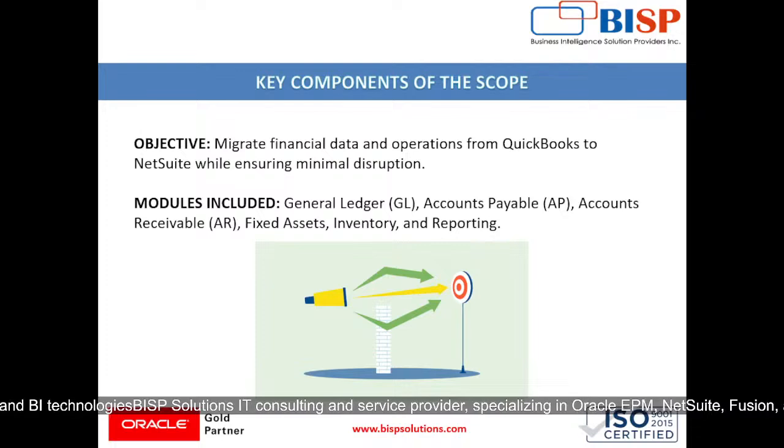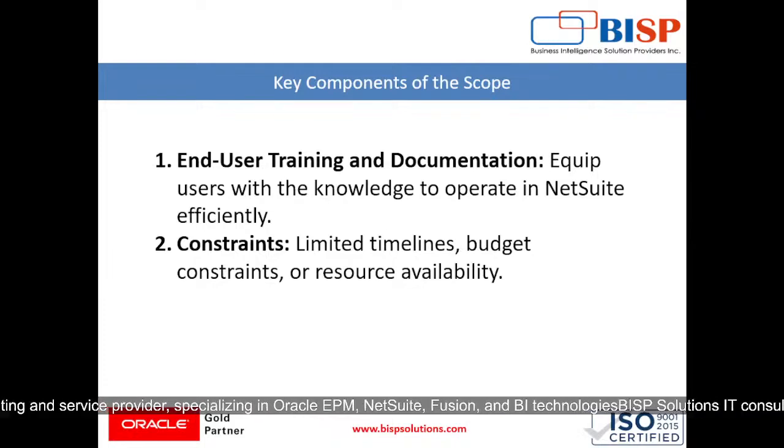Then modules included in the project scope are general ledger, accounts payable, accounts receivable, fixed assets, inventory and reporting. Then data to migrate is chart of accounts, open and historical transactions, customer and vendor information, inventory and fixed assets records, financial reports.